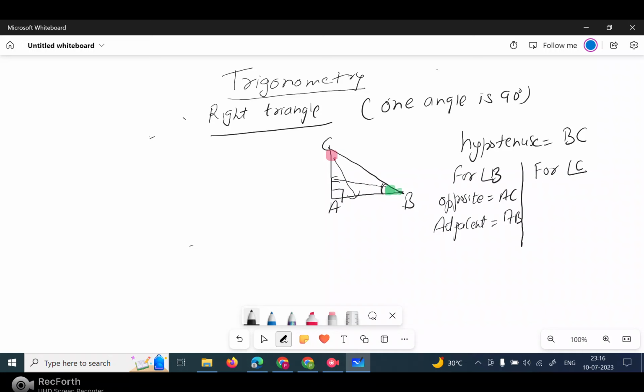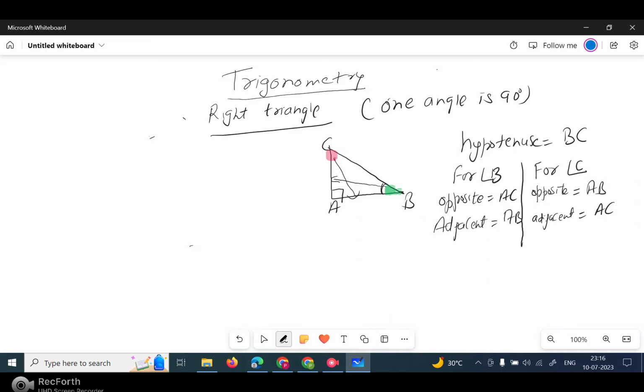What is the side opposite to angle C? For angle C, the opposite side is AB and the adjacent side is AC. So now you understood hypotenuse, opposite and adjacent.